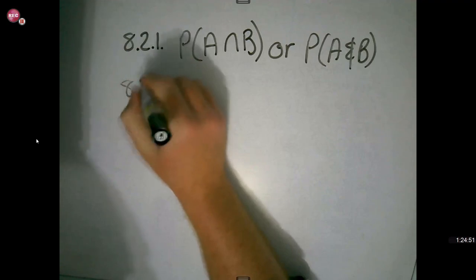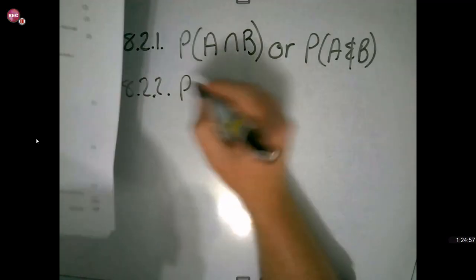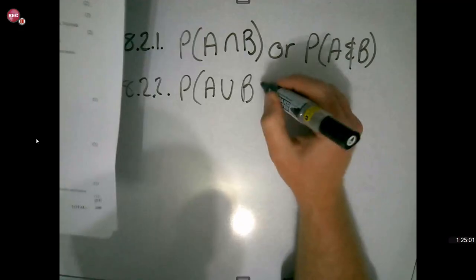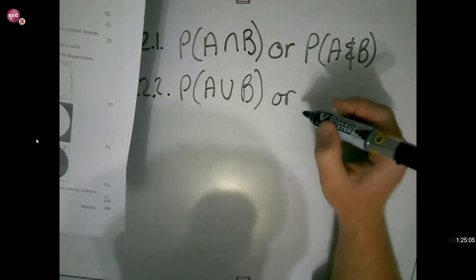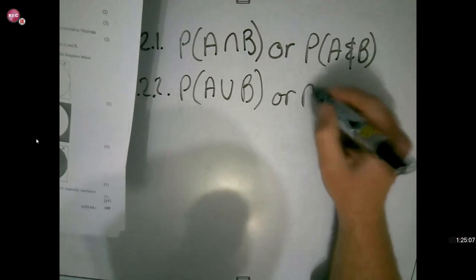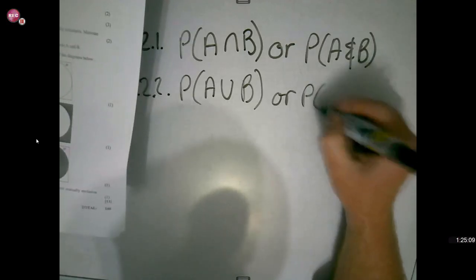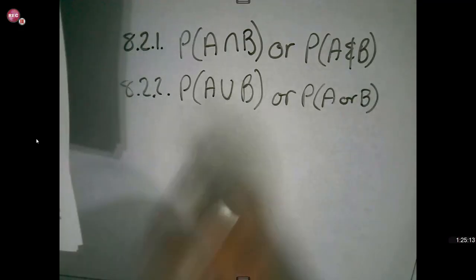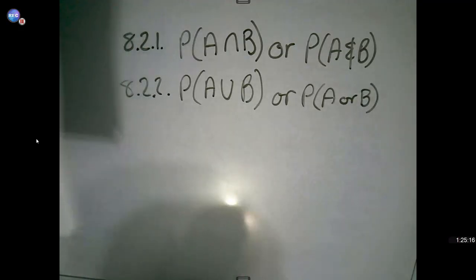So 8.2.2, if you look at this question, you would see that the probability for A and B over here is a union, or you could write it as the probability for A or B in this case, because the symbol that was used was union.